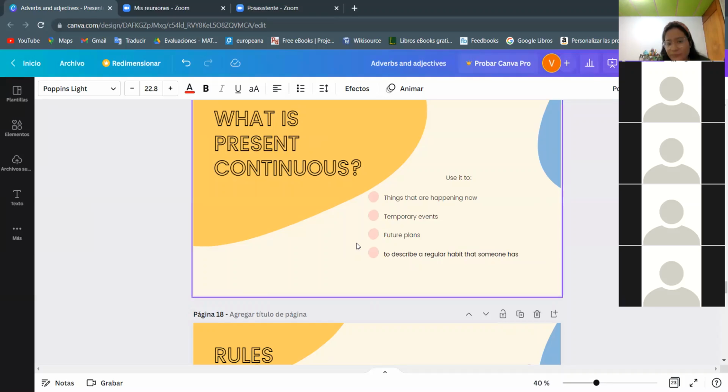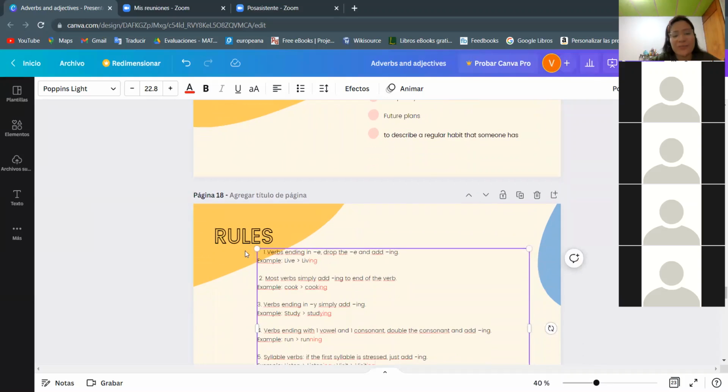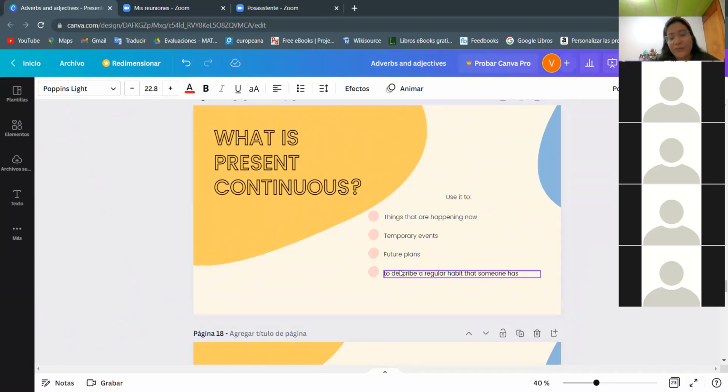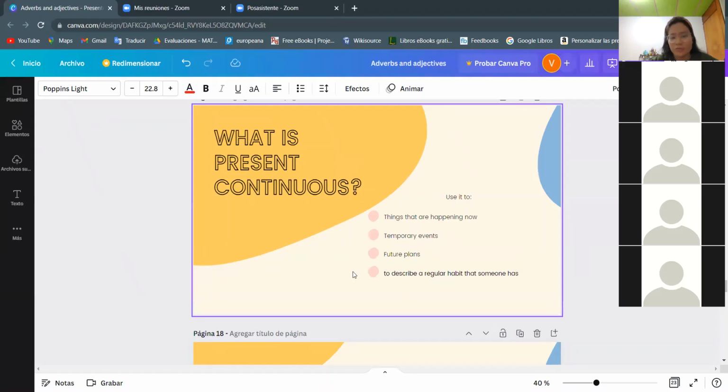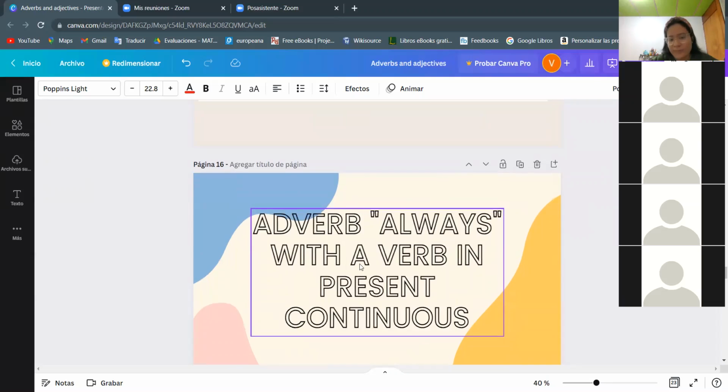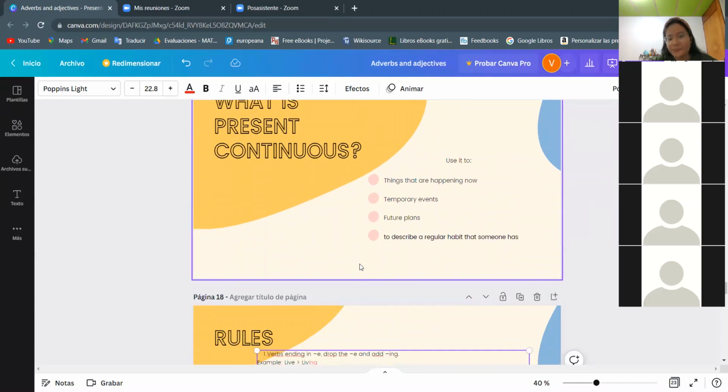With the examples. No, I said this before we went to the rules. Out of these 4 uses, which one are we going to focus on to use the adverb always? Which one of these 4? The temporary events. Sure.